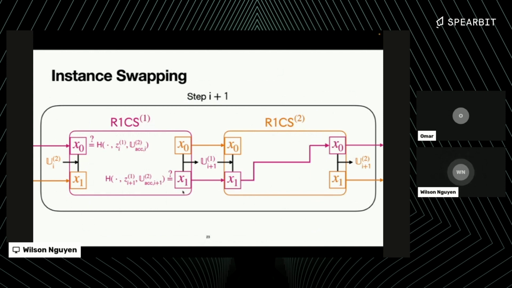But now I would like to connect the purple output to the purple input. All that copy constraint does is it simply forwards the purple hash to this original constraint system. So this sort of copy constraint shifts the hash checks to be within the appropriate constraint system.